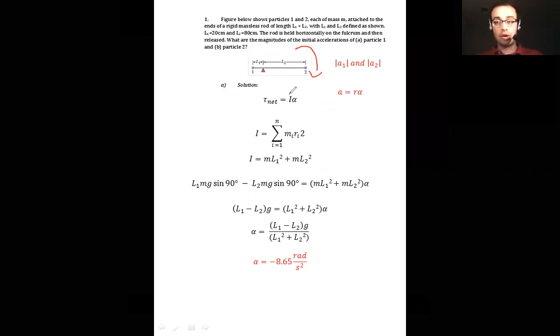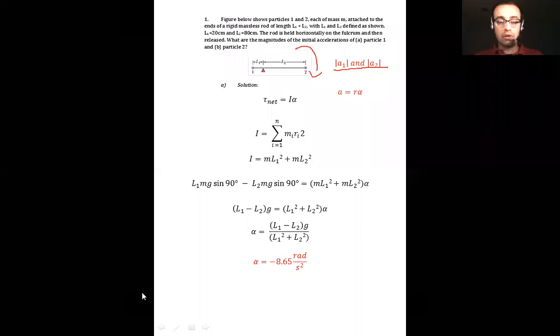If I've got a pencil or something and I drop it so that it's not evenly balanced, you're going to expect rotation to happen in the direction that's got more mass, or not necessarily more mass, it's got a longer lever arm. The longer lever arm is going to be the side that falls and therefore rotates in this clockwise direction, which is negative. But again, we're trying to find these two magnitudes.